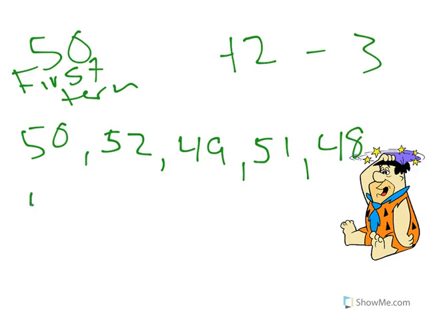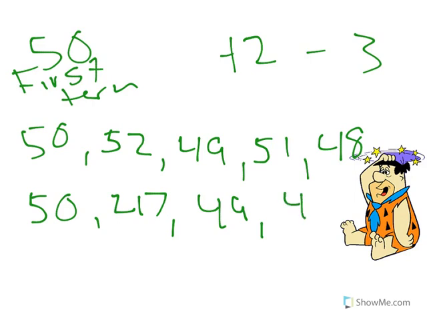Plus 2 is 50. Minus 3 is 47. Plus 2 is 49. Minus 3 is 46. Then plus 2 is 48, minus 3 is 45. Okay, so now I have to find a pattern in this.